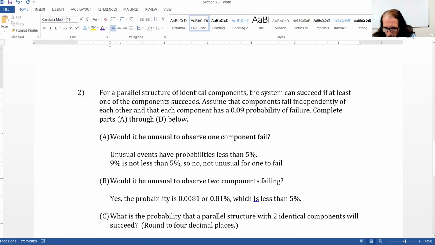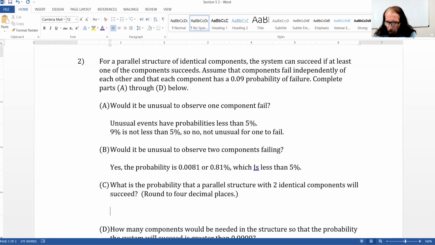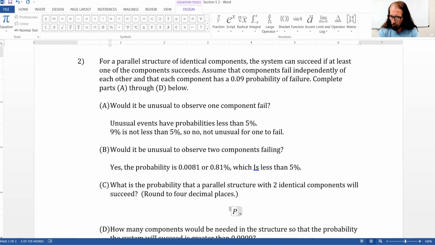Now, we're actually going to use that previous answer to answer this part. What is the probability with a parallel structure with two of these identical components that it will succeed? Well, the probability of succeeding is that at least one would succeed.